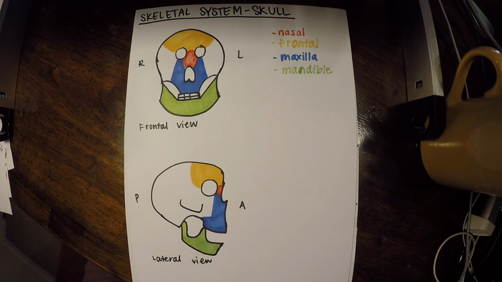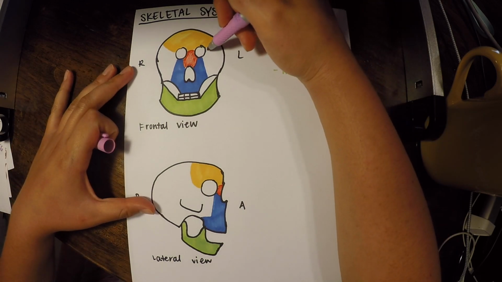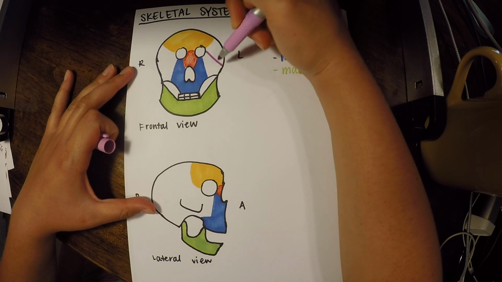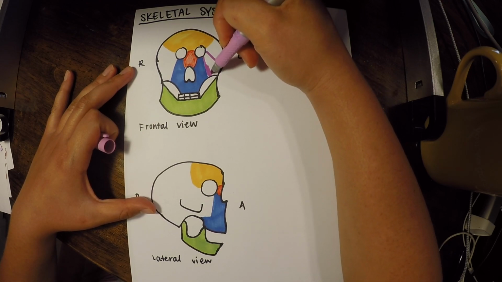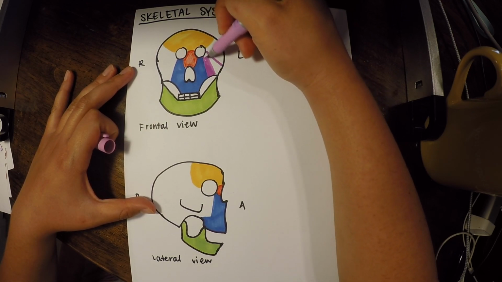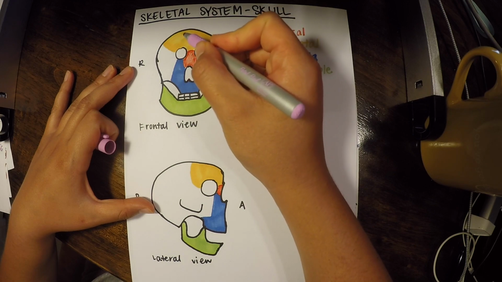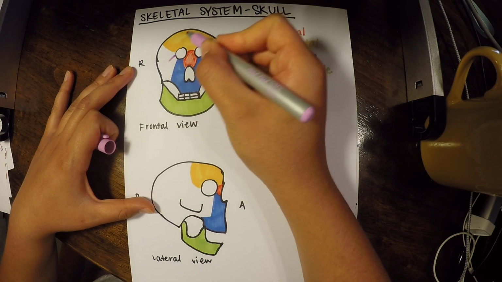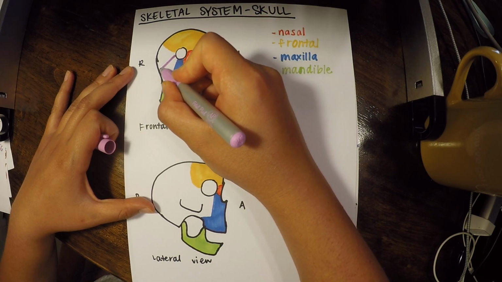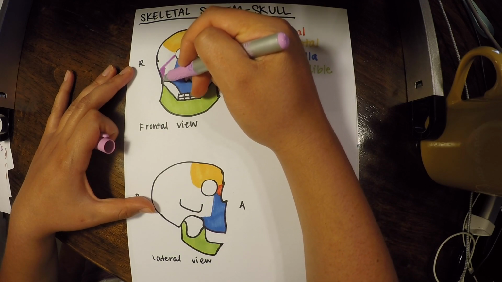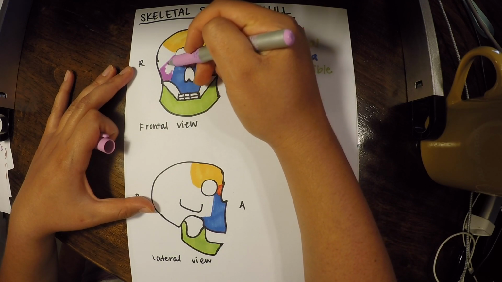Now let's draw in a bone called our zygomatic bone. It's kind of a fun word to say. Again, just like all of this, we're going to have it on both sides. So it's always going to be symmetrical here for the most part. You know, there are always anatomical differences where sometimes people don't have quite as much exact symmetry.